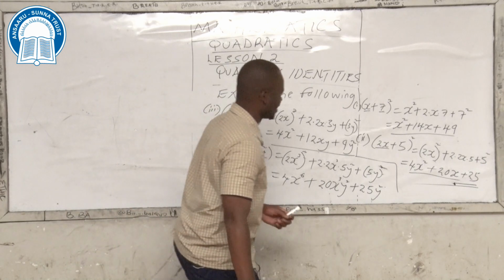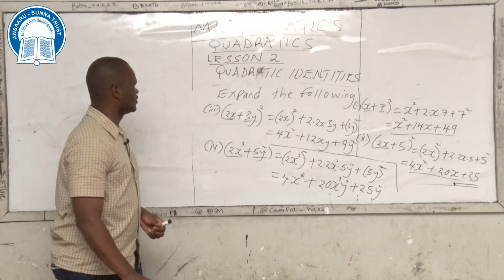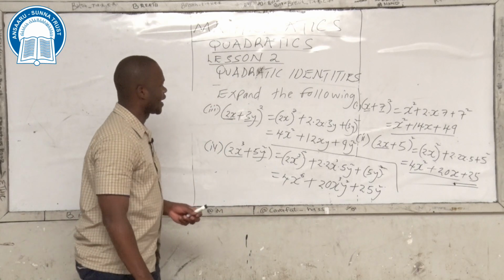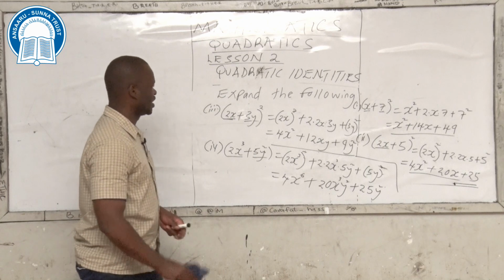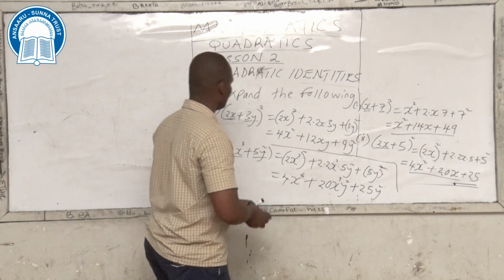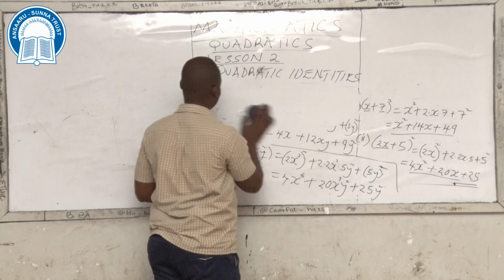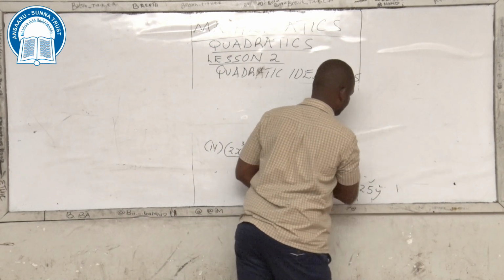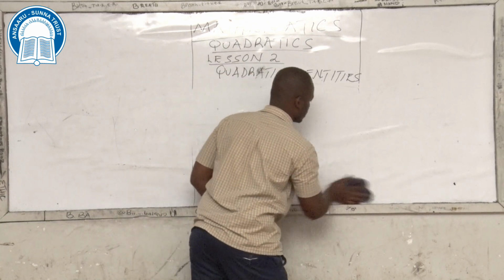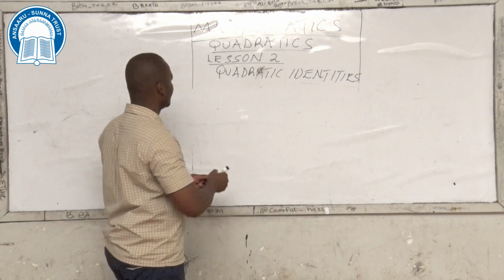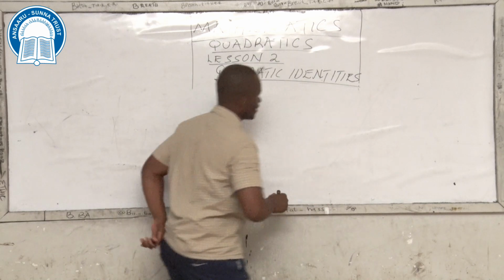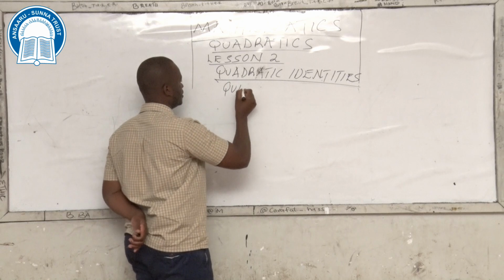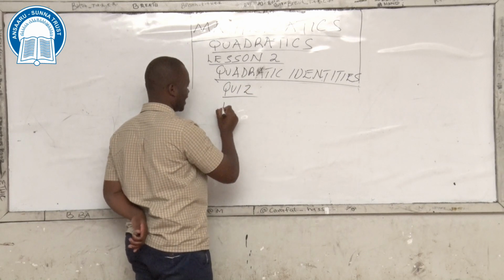So just to give you a few questions for your practice based on that first quadratic identity, to see if at all you have mastered that. Try expanding the following using, of course, the first quadratic identity.